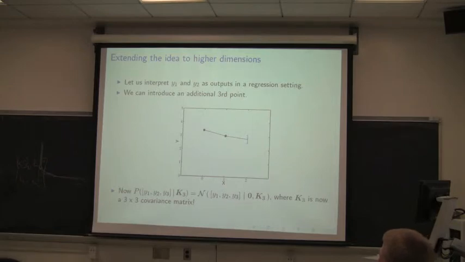The K matrix has been computed based on the x's. In the case where we have 3 points, it would be a 3 by 3 matrix, and we can do the same types of computations. They get a little more complicated, but we can compute the conditional distribution of this y given the other y's.